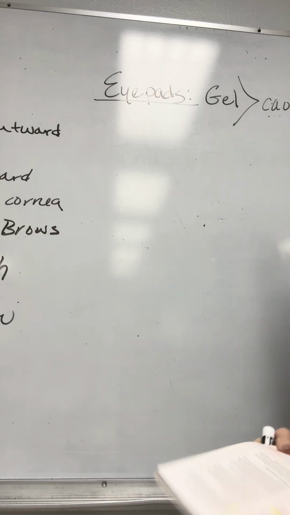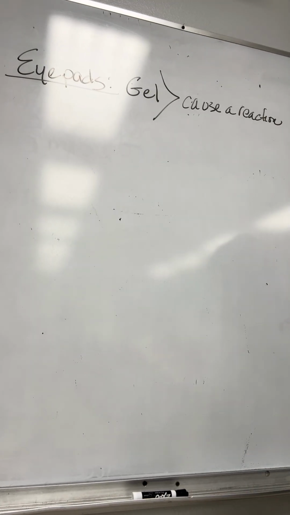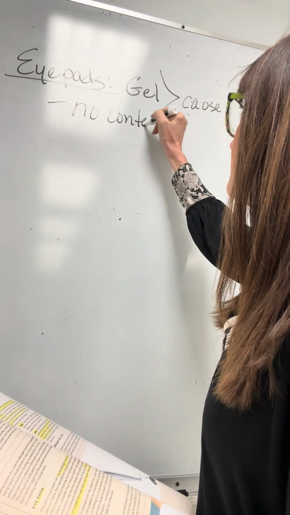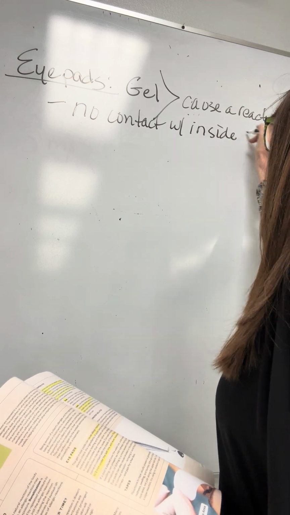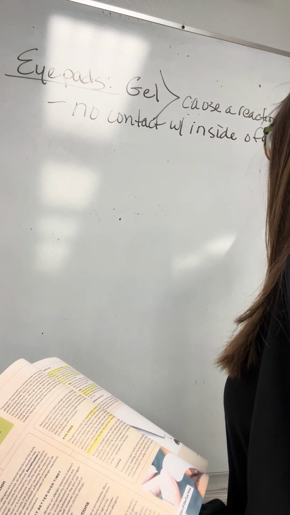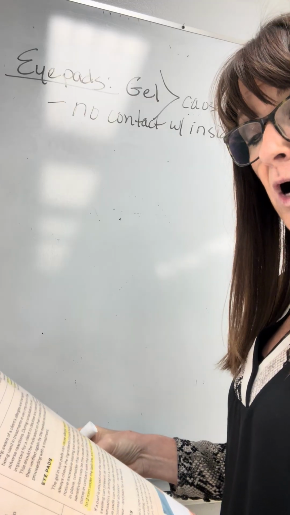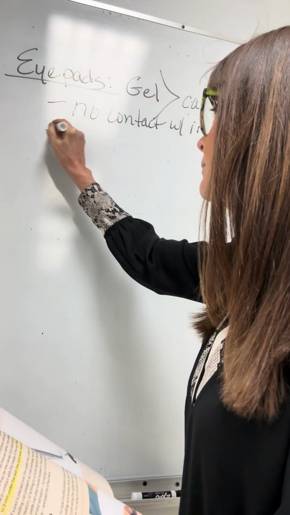Eye pads should never come in contact with the inside of the eye. No contact with the inside of the eye. And also place pads 1 to 2 millimeters under the lash line.